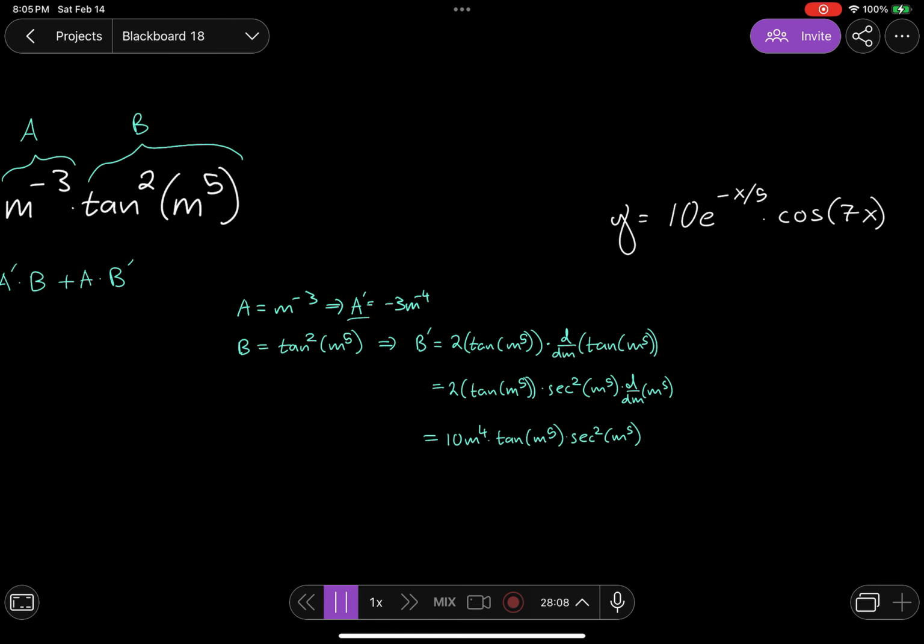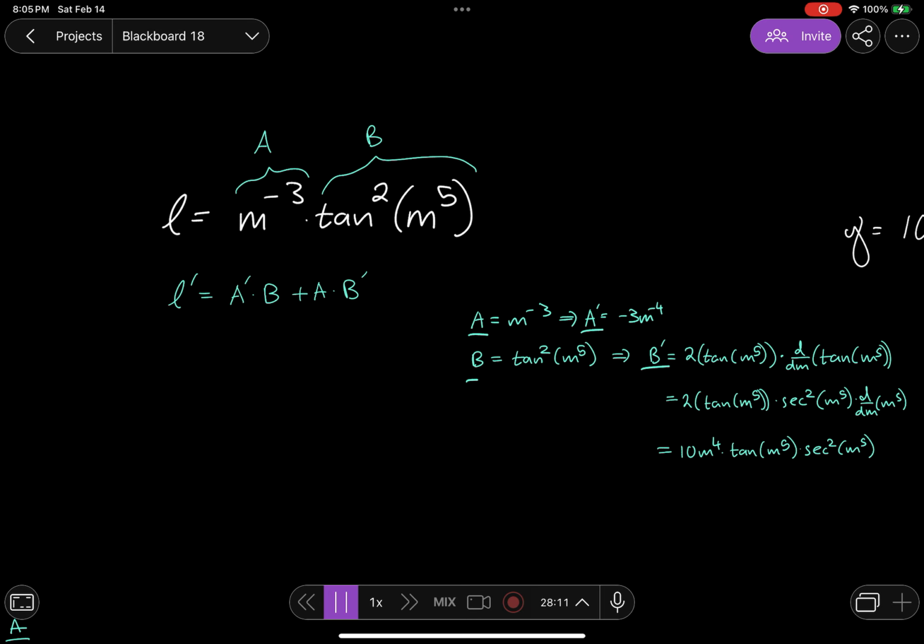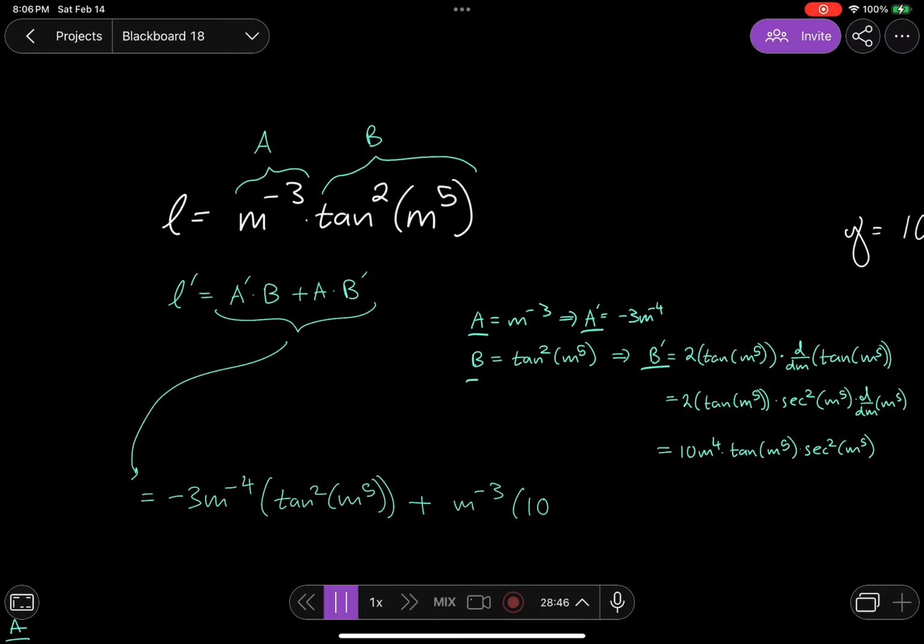We have A prime, we have B prime, we have A, we have B, and we can find what L prime is. We have A prime first, that's negative 3. I'm not going to have room. This is equal to A prime, that's negative 3, m to the negative 4, times B, which is tangent squared of m to the 5th, plus A, which is m to the negative 3, times this whole function right here, which is 10m to the 4th.